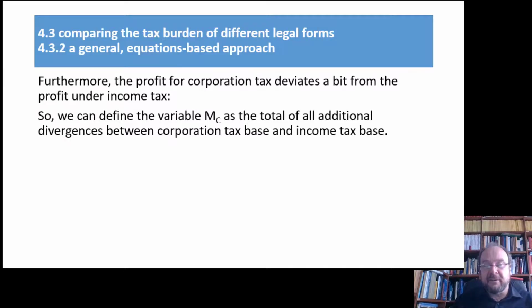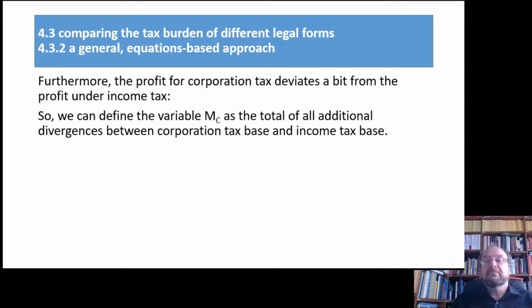There might also be the one or other non-deductible expense which does not exist in case of an income tax case. For example, half of the fees for the supervisory board members are not deductible. So it might be that you have additional modifications.